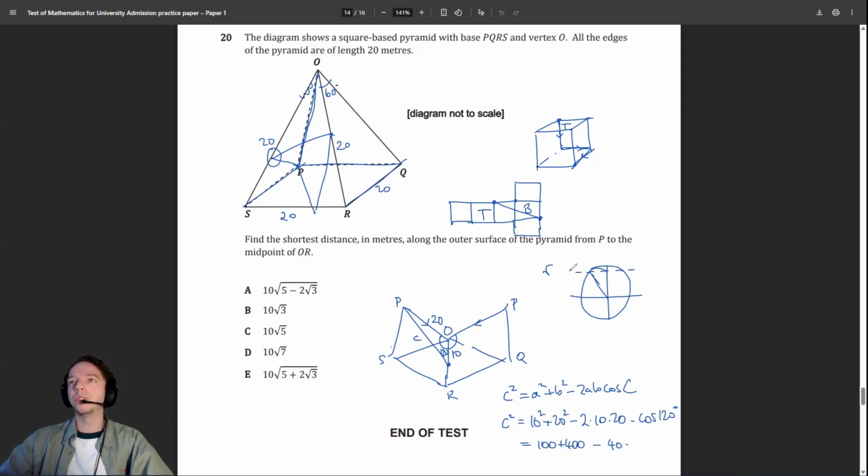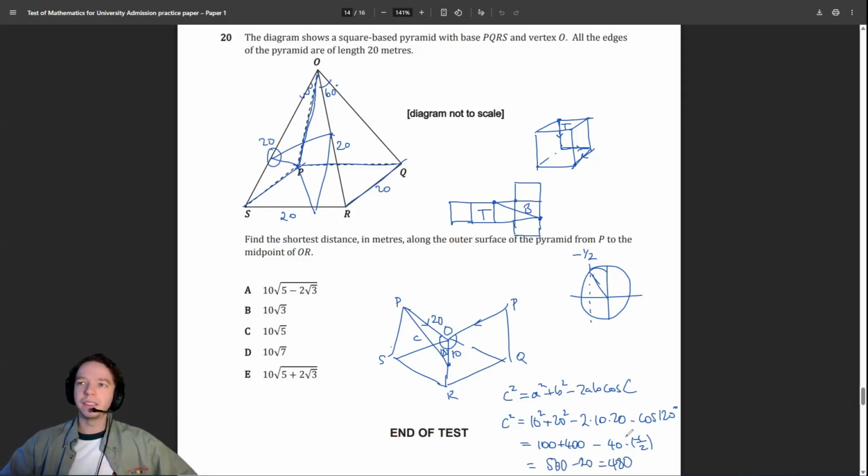I'm sorry, I keep making this mistake just like yesterday. That's just a half. No, it's minus a half, right? So minus half. So we got 500 minus 20, 480. Okay, so C would be the square root of 480.